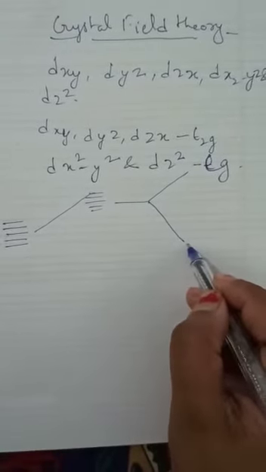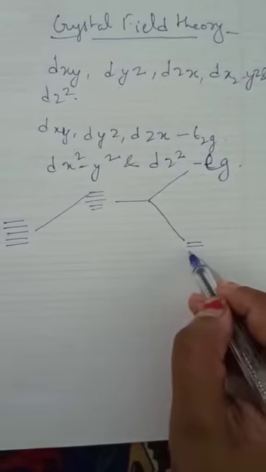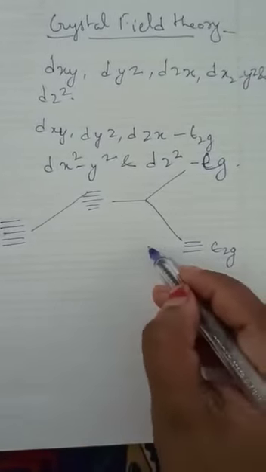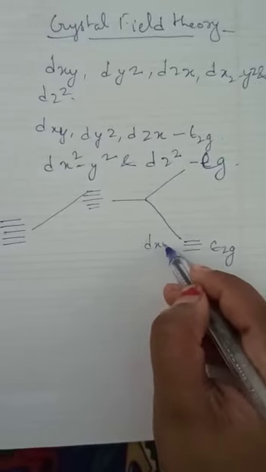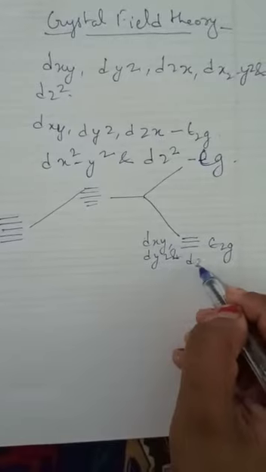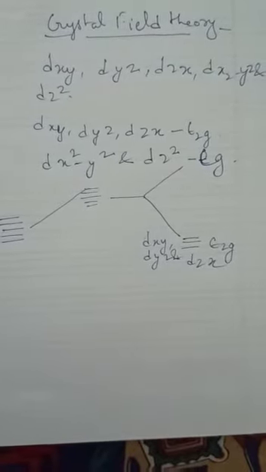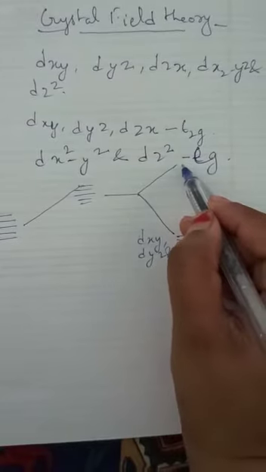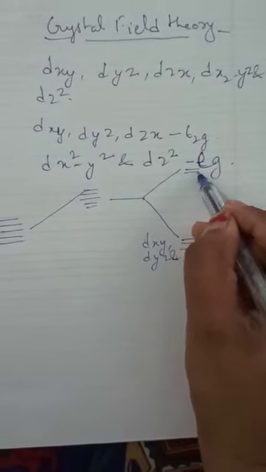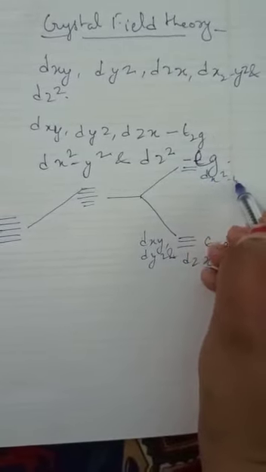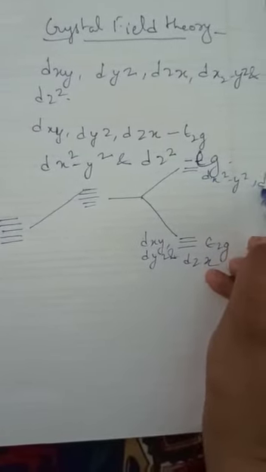One set with 3 orbitals is known as the T2g set, consisting of dxy, dyz, and dzx. One set is of higher energy, the Eg set with 2 orbitals, dx square minus y square and dz square.